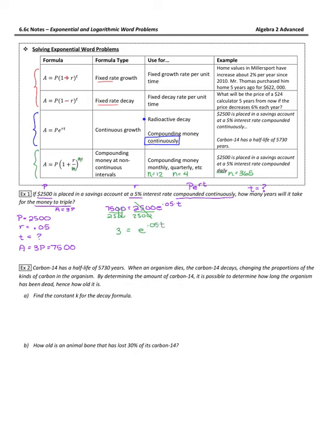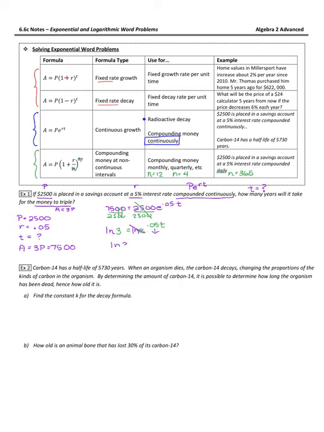We are trying to solve for t, so I have to somehow get rid of my e. The inverse of an exponential is a log, and since this is e, we want the natural log. What happens is these cancel and this just drops down.